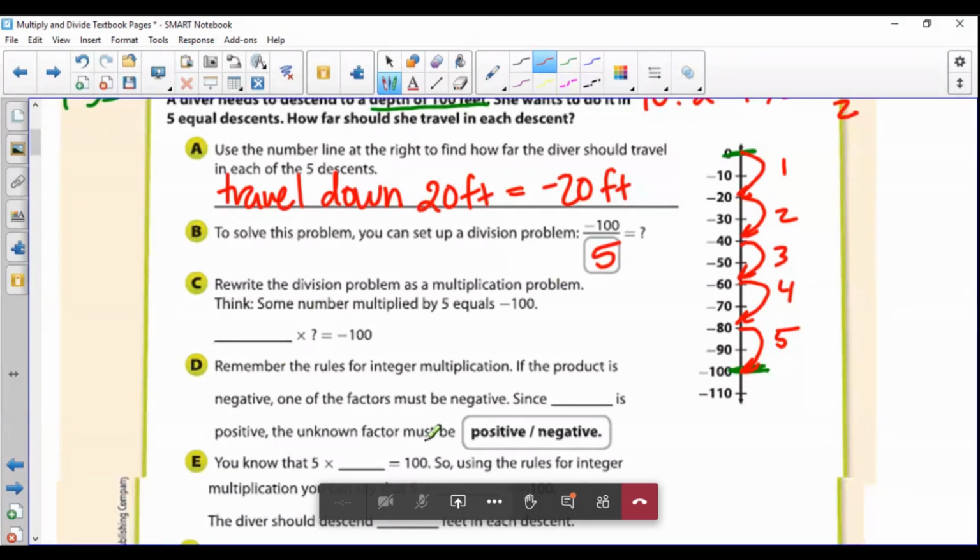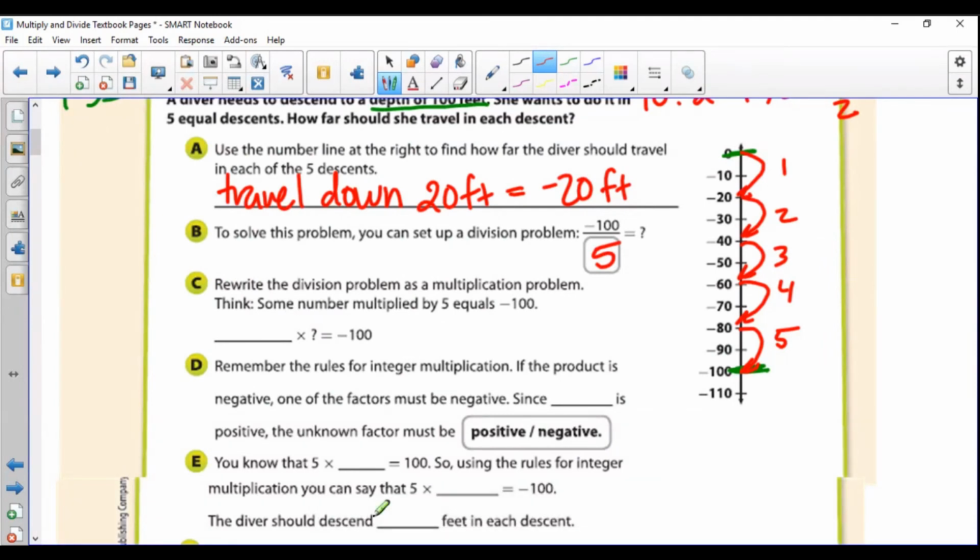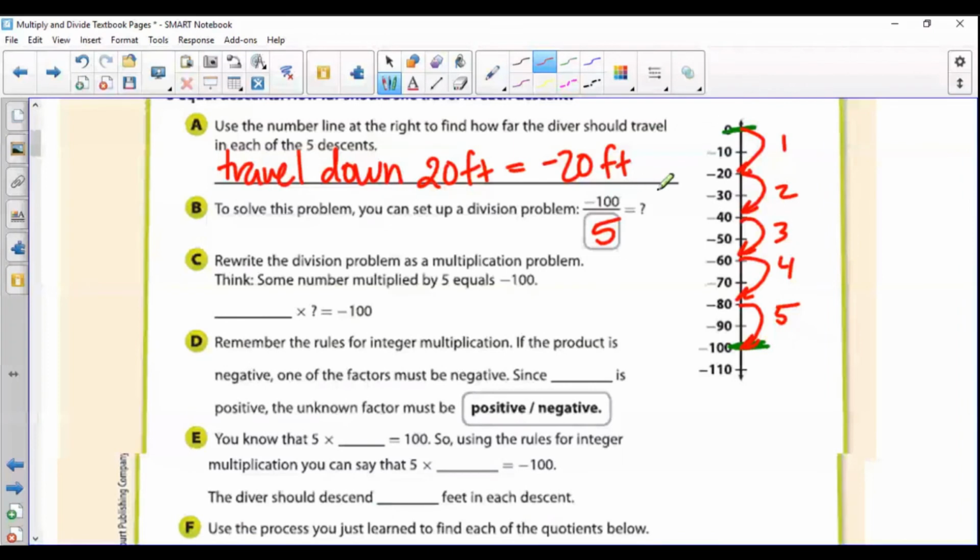So now letter C, letter D, and letter E talk about a way that we can think about it. If you're having a hard time, you're like, how did Mr. Daniel get negative 100 divided by 5 to be the answer of negative 20? The way that we get negative 20 is we think about it as a multiplication problem. So we think something times 5 equals negative 100.